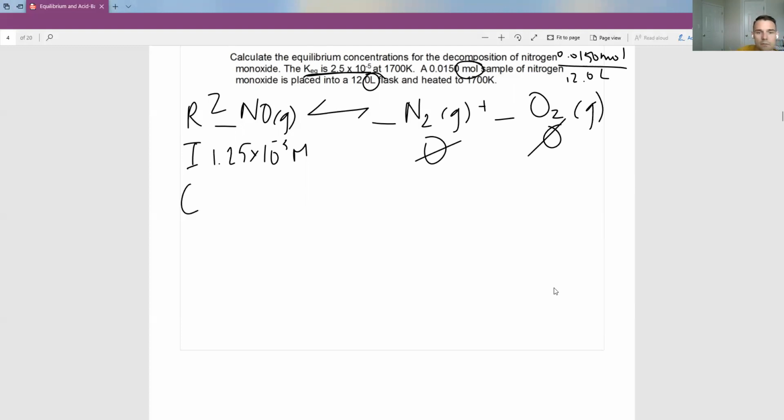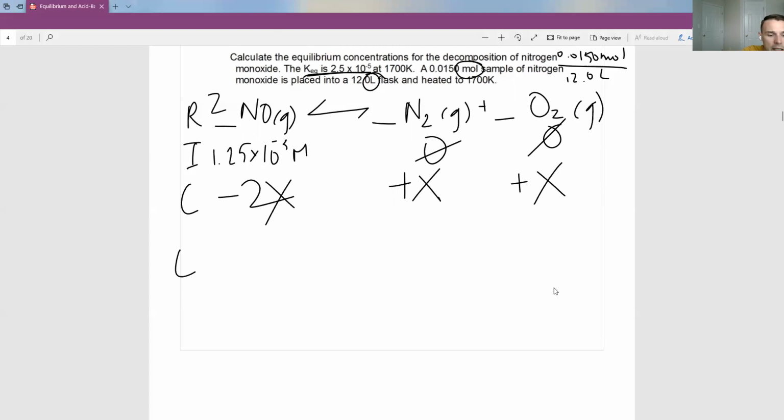The change. So I can't lose any of the product because I don't have any. So I must lose the reactant and I'm going to gain product because that's the only possibility here. Now the number here, I'm going to lose 2 of those. I'm going to gain that and I'm going to gain that. Okay, so that's my ratio based from my balanced equation.